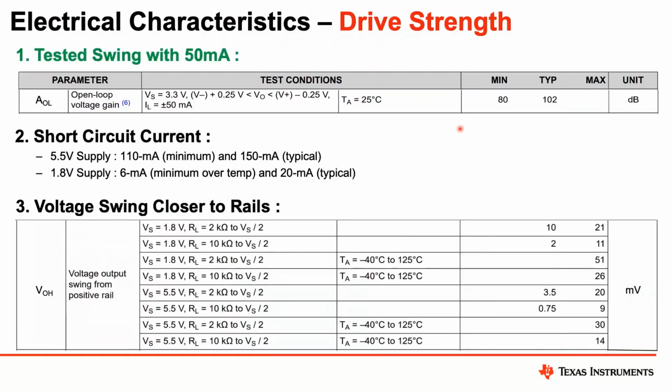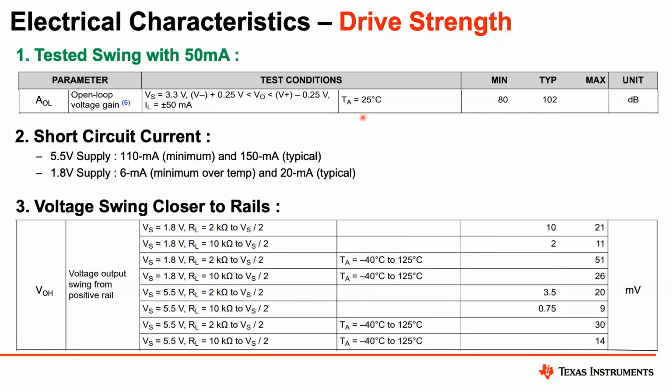I'll go briefly over the next few slides, but these are common electrical characteristics you can find in the data sheet, covering the output voltage swing and output current. The tested swing with 50 milliamps is actually pretty unique to the 2310.